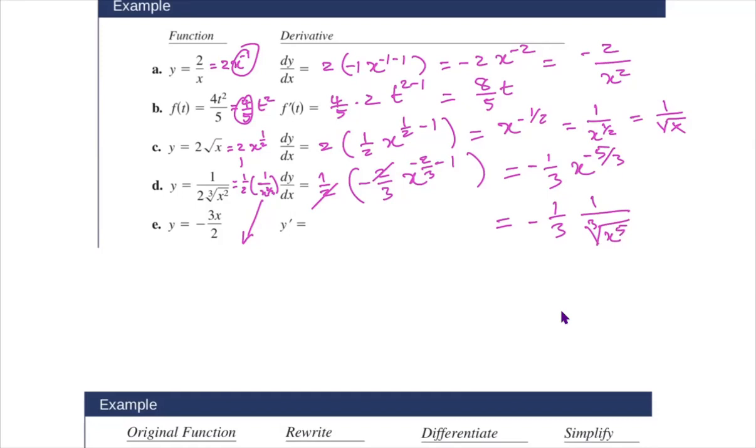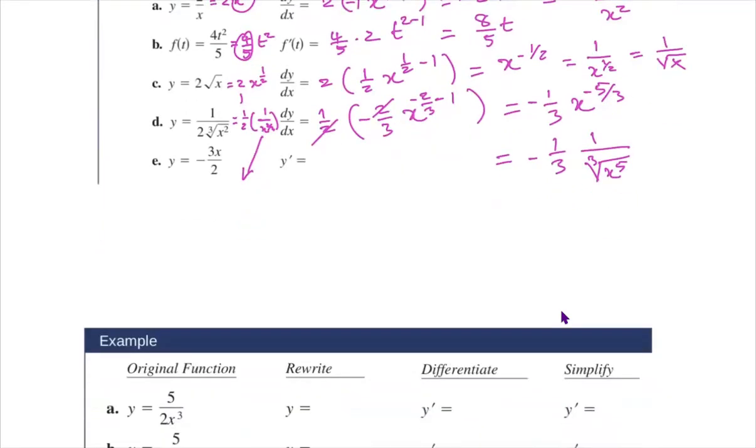I need to simplify this more, because whenever the exponent under the radical is greater than the index, you can simplify this expression. How many times does 3 go into 5? 2 times or 1 time? 1 time. So that's going to be negative 1 over 3x cube root of x squared.